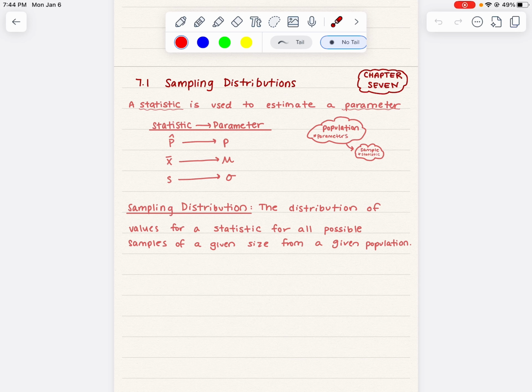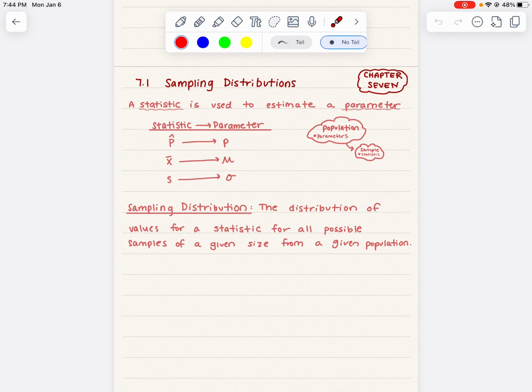Sample data distribution would be just your sample. The sampling distribution should be all samples of size 10 from the given population. Of course, we are just simulating this idea of a sampling distribution. Typically, you would use technology, or you would use some type of a curve in order to show the sampling distribution for all possible samples.